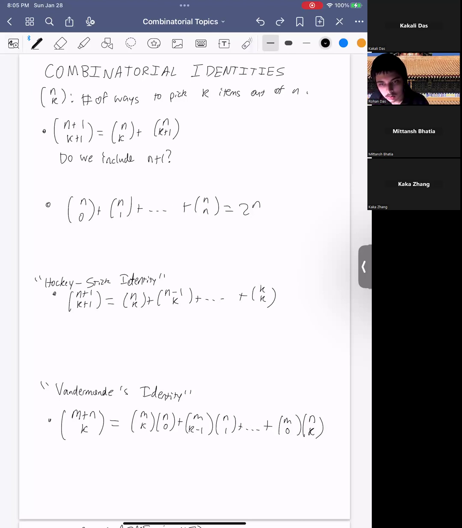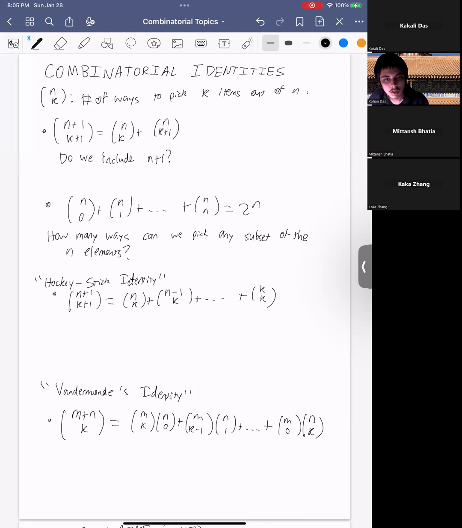For the second one, we can think about how many ways we can pick any subset of the n elements. This is equal to 2 to the n because for each element, we either include it or don't include it, and that contributes two possibilities.